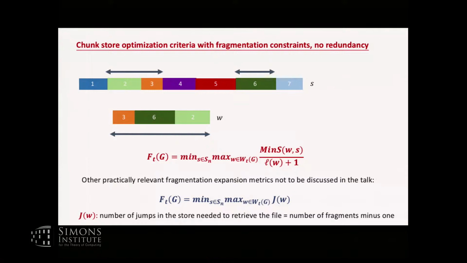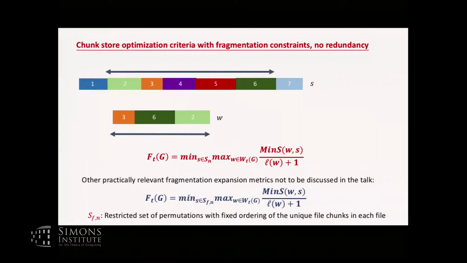That is also not a cheap thing to do in storage systems, but let's say I just do 2, 3, and then I jump to 6. In that case, the metric could be the number of jumps that you make to retrieve the file. And again, I have no time to discuss any of these, and I'm really running late here.